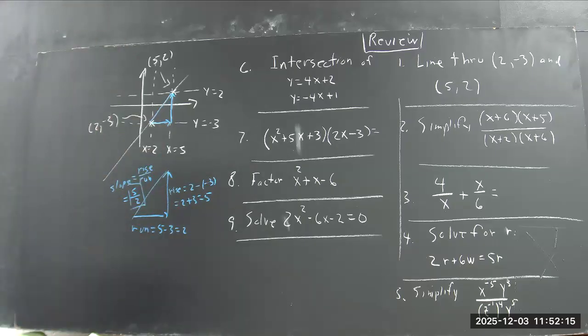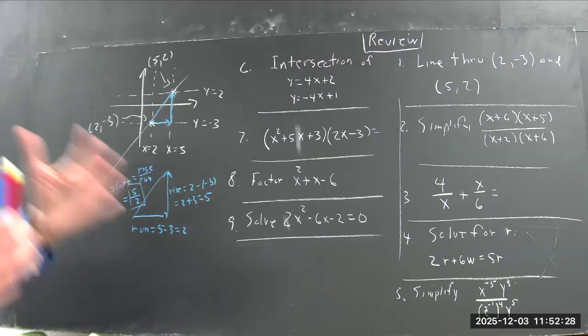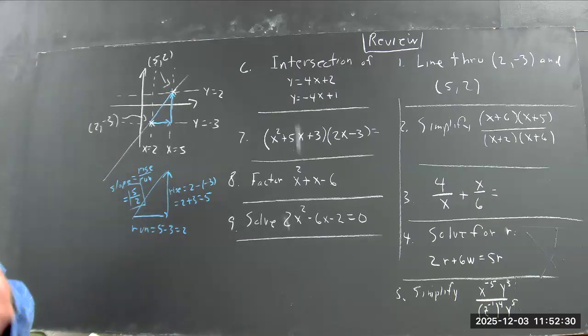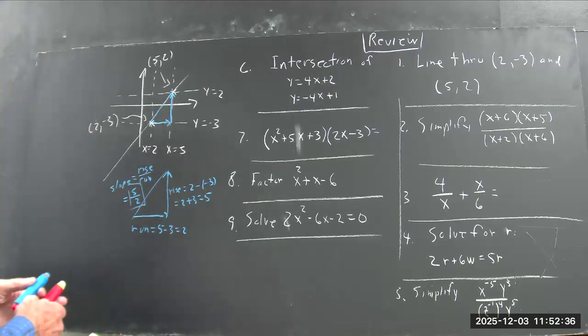I just saw an article in some psychology journal that says writing reconfigures your brain in a different way than typing, in a different way than just sitting back and watching. Writing is a thing that helps you get everything into your brain, okay? So write it out, draw the pictures, do what you have to do.